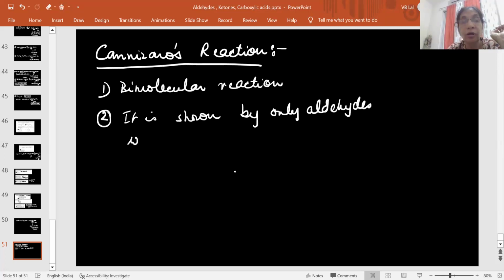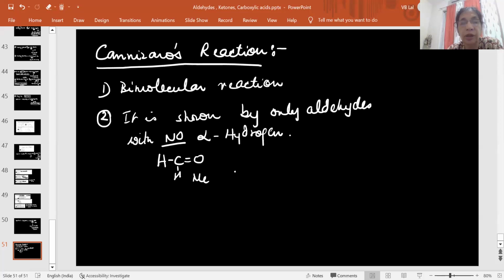And which aldehyde? With no alpha hydrogen. In the last one, what were we looking at? Aldehydes which have alpha hydrogen. This is with no alpha hydrogen. So in our syllabus, which are the two aldehydes we have to think about? HCHO, methanal or formaldehyde, and C6H5CHO, that is benzaldehyde.